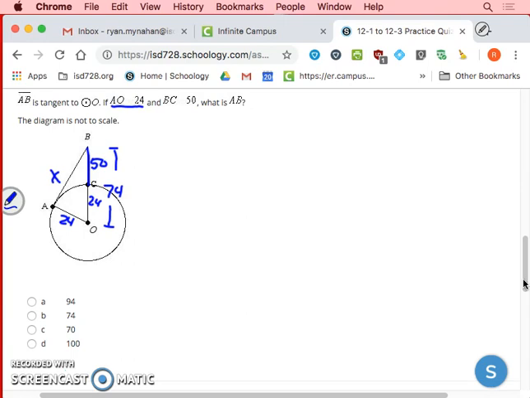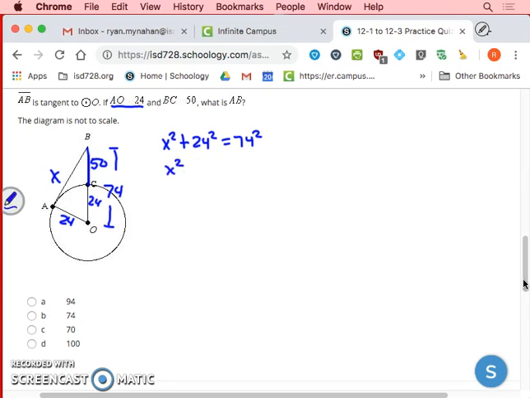So this is kind of like the one that we would have done, how far can you see from looking off the top of a mountain or something like that. So this is a Pythagorean theorem problem. When in doubt, Pythagorean theorem this chapter. X squared plus 24 squared equals 74 squared. So we're going to solve that for x.